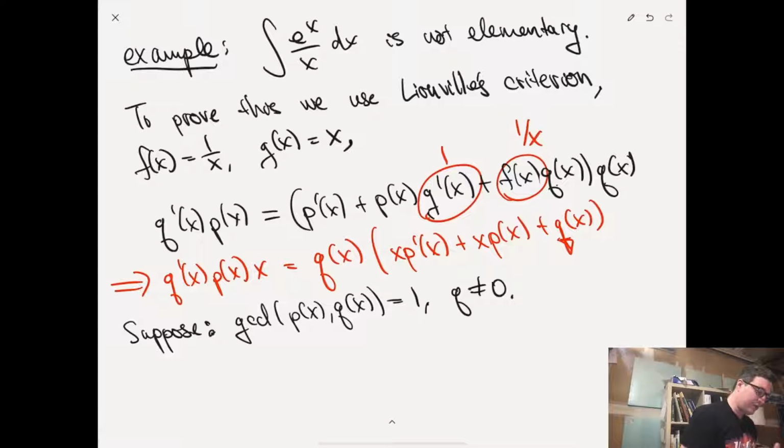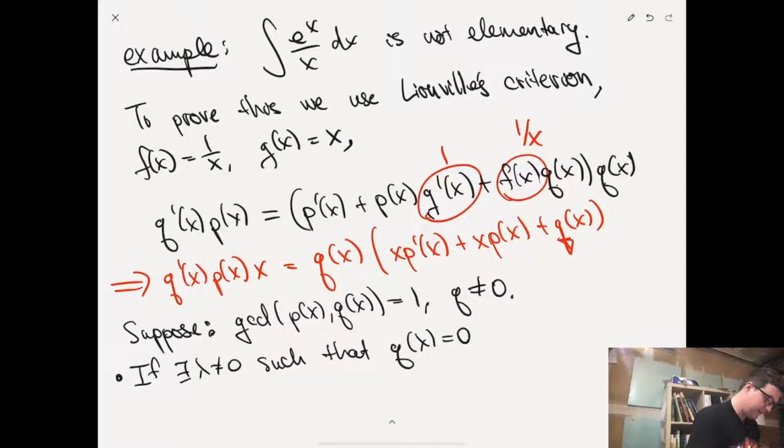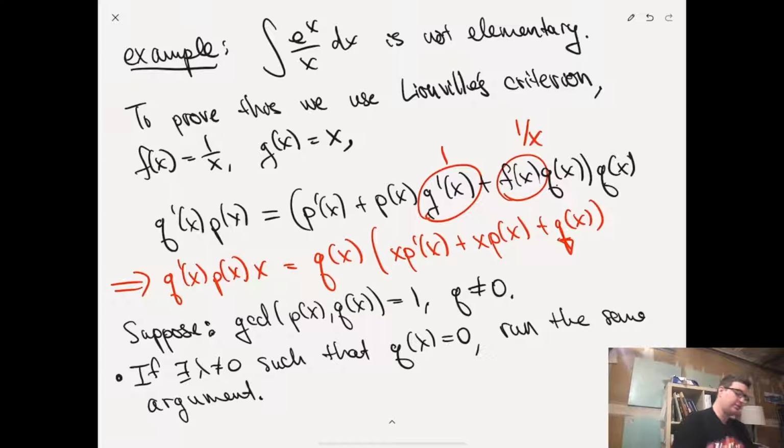So there's kind of two cases, right? The first case is that there exists some lambda not equal to 0 such that Q of lambda is equal to 0, then we just run the exact same argument. So here, what do we get?